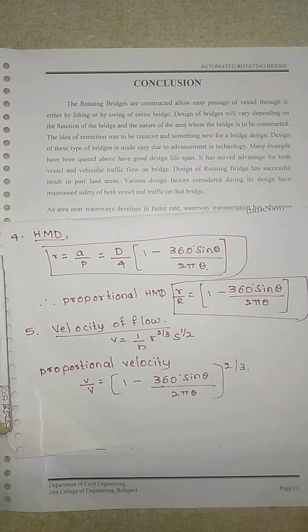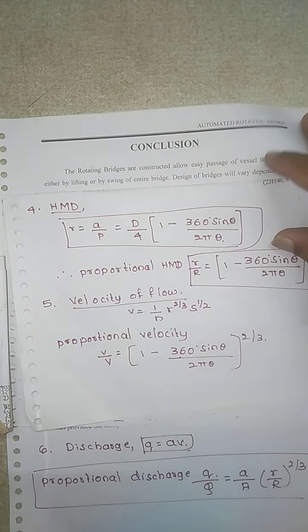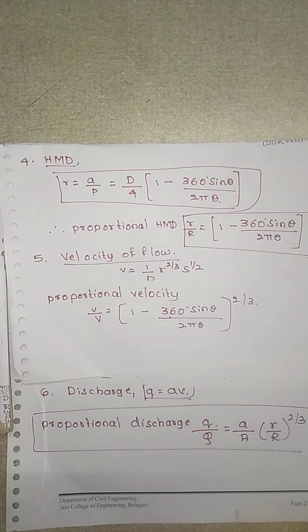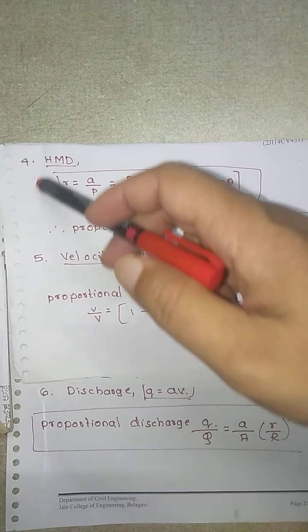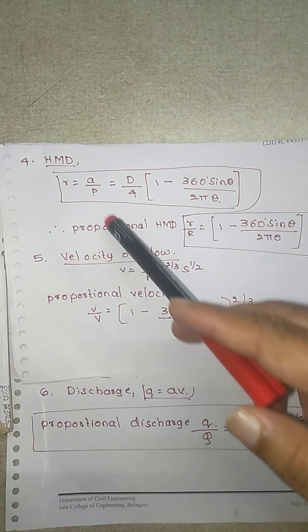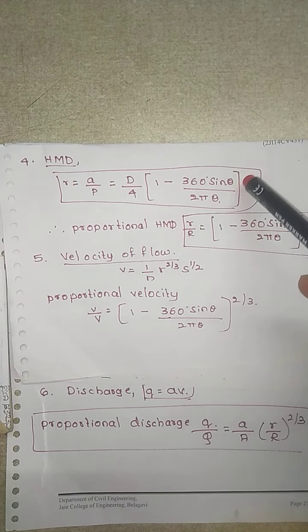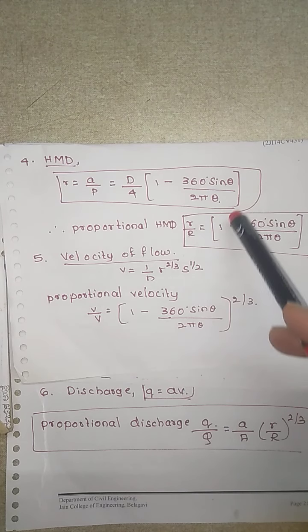Next we will study the hydraulic mean depth. The hydraulic mean depth for the partially full condition is given by R is equal to A by P, which is equal to D by 4 into (1 minus 360 sin theta divided by 2 pi theta).